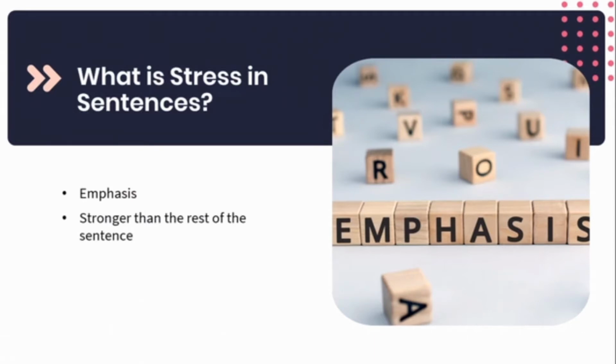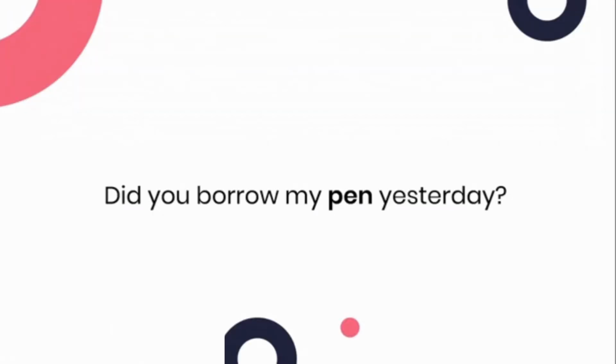Much like intonation, the part of a sentence that we choose to stress can change the entire meaning of a sentence. For example, let's look at the following sentence. Did you borrow my pen yesterday? In this sentence, if I place the stress on pen, it means that I am putting emphasis on the pen because I would like more information about it.